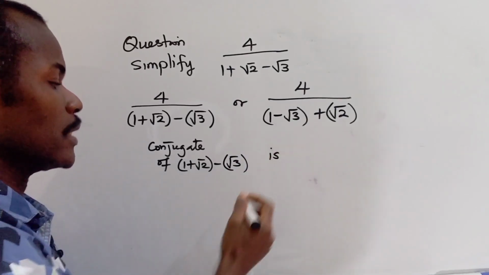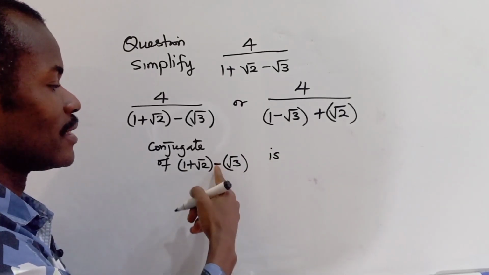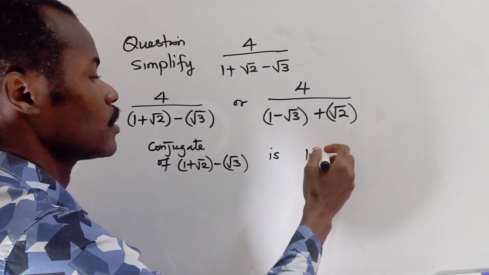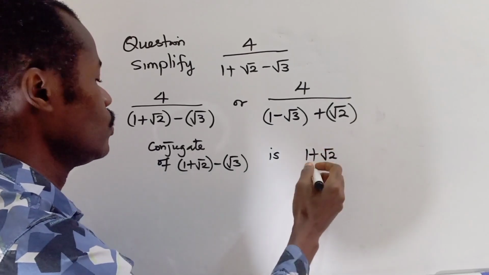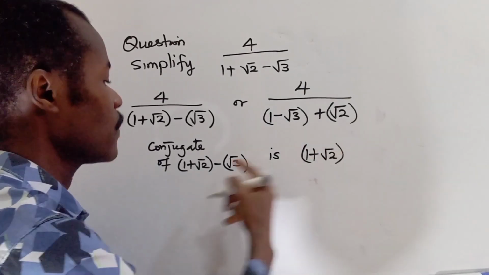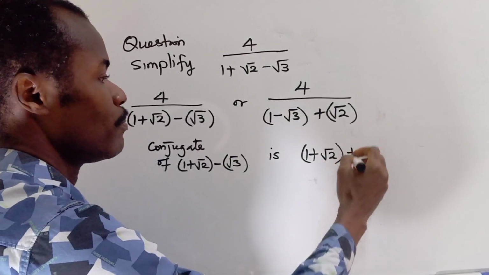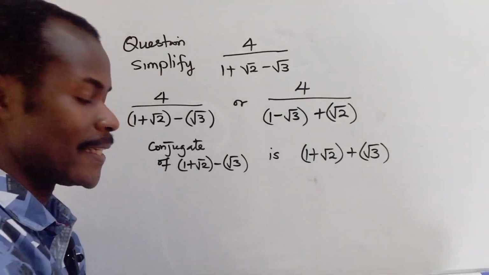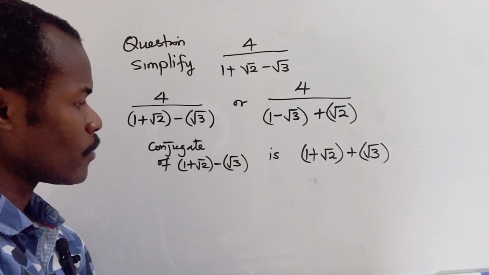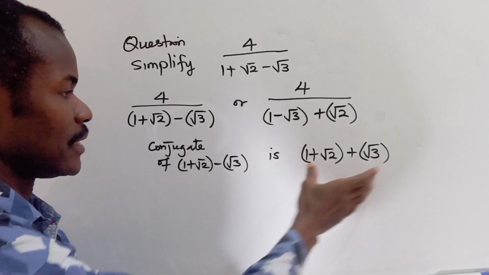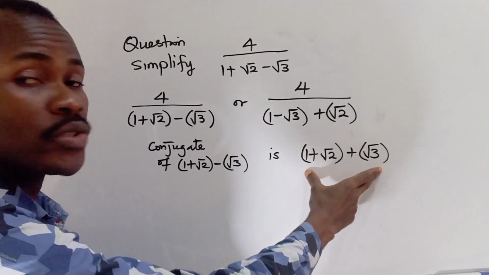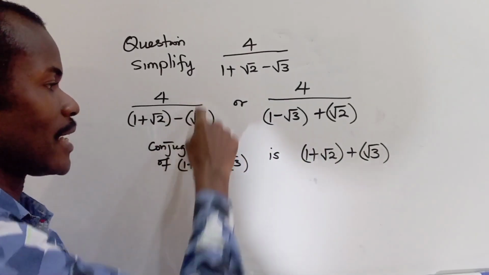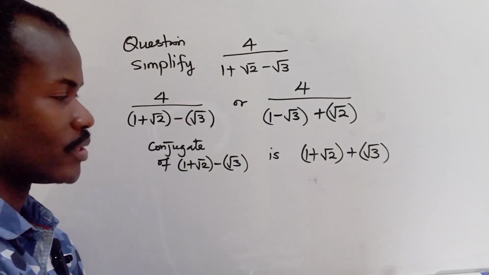We're simply going to write this and change the minus to plus. So it's 1 plus root 2 plus root 3. If you know the idea of conjugate, since the conjugate of this is this, we're now going to use it to multiply the numerator and also the denominator. Now, let's do that.